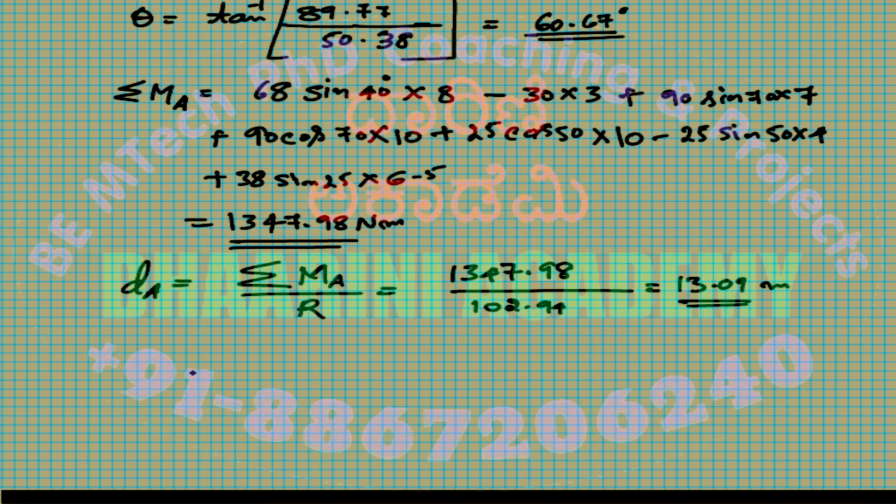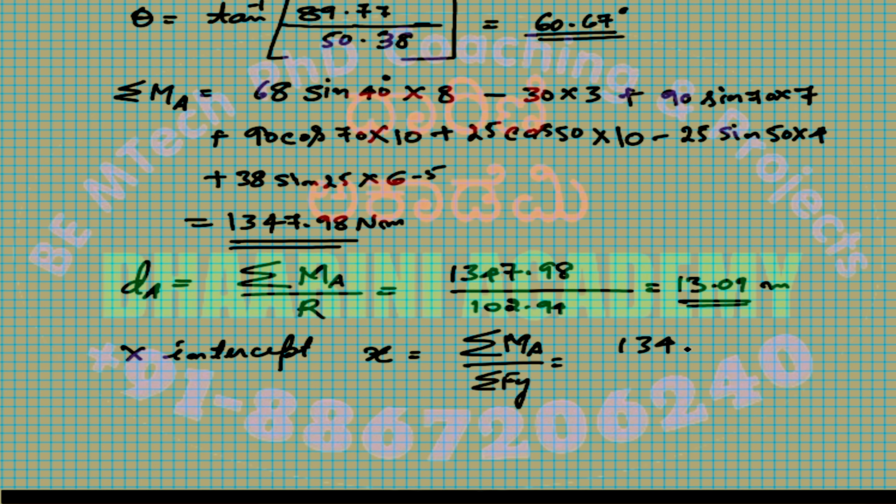Then we can also find out the x-intercept of the force. X-intercept, so x is equal to the moment about A divided by summation Fy. So this is 1347.98.